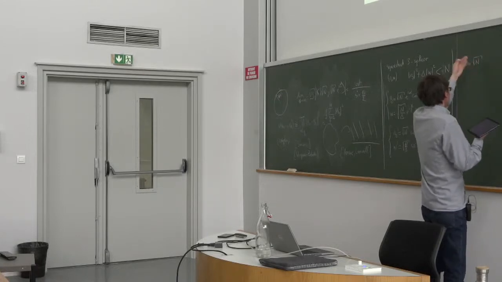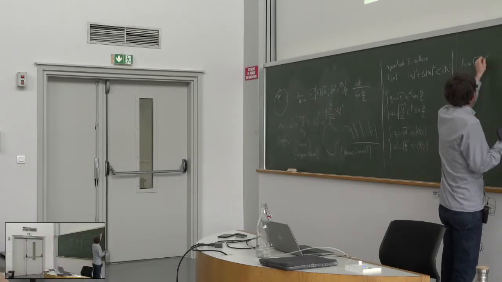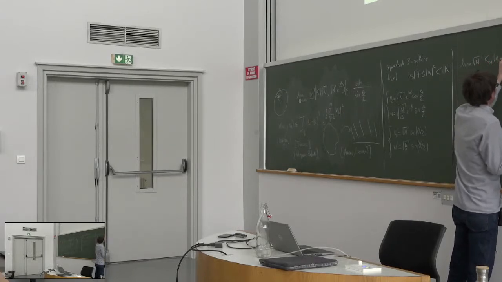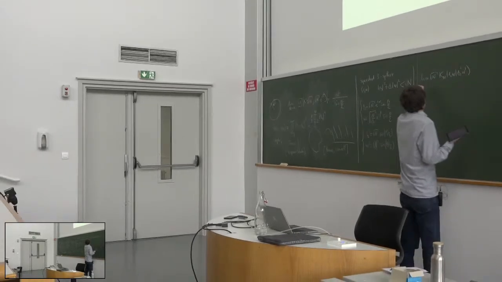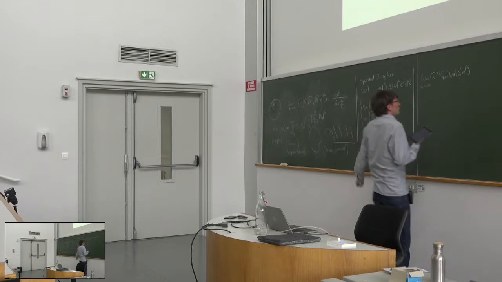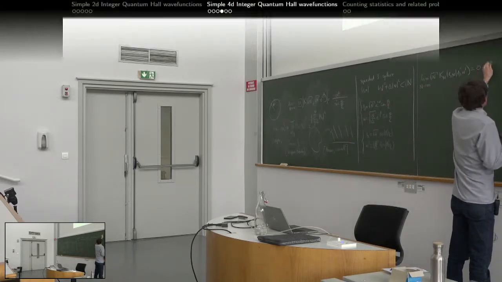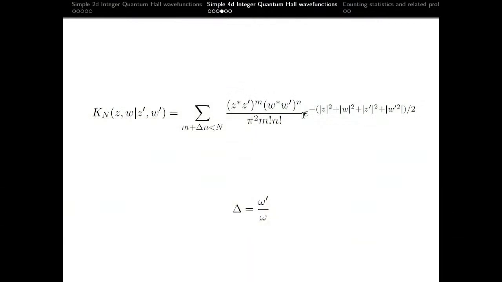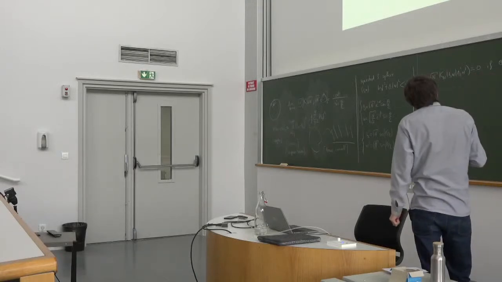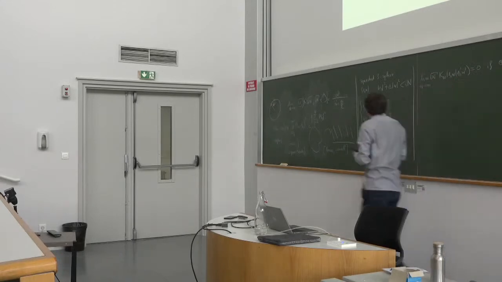It turns out the relevant scale is also square root of n here, and if I send n to infinity, with z, w, z prime, w prime given by this here, it's 0 if, modulo, I forgot pi or something like this. So you get something different already.